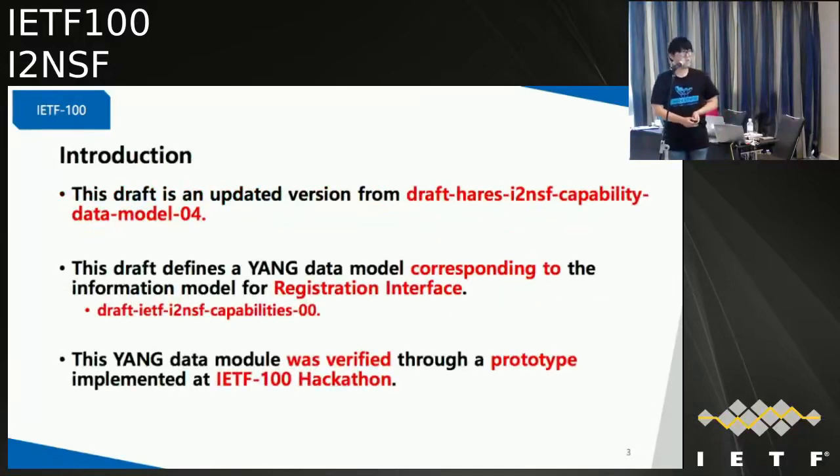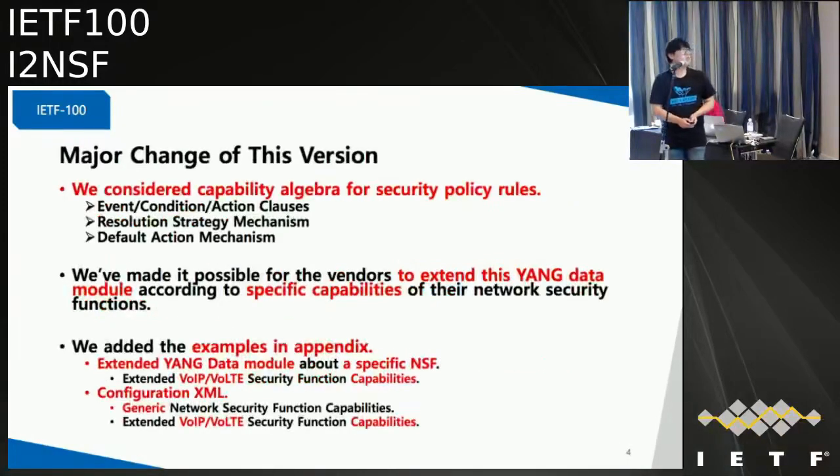We developed a YANG data model corresponding to the information model for the registration interface. This YANG data model was verified through a prototype implemented at the IETF 100 hackathon. This slide shows the major changes of this version. We considered capability algebra for security policy rules, such as event-condition-action clauses, resolution strategy mechanism, and default action mechanism.